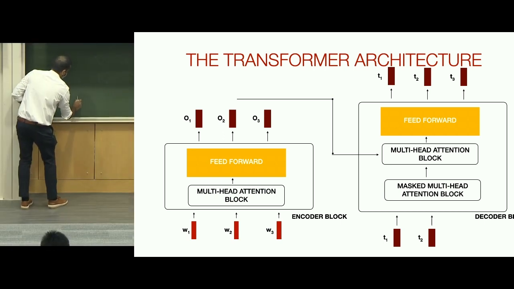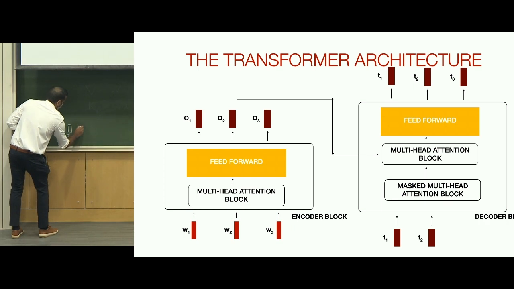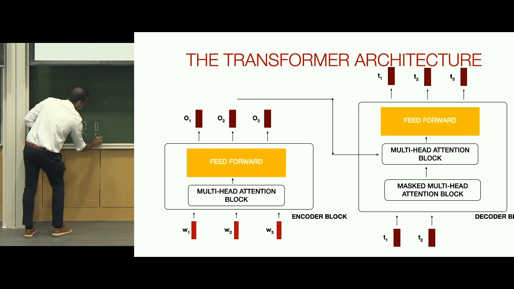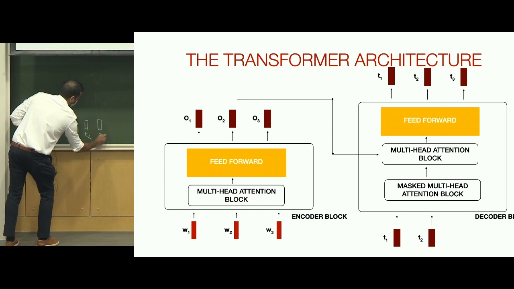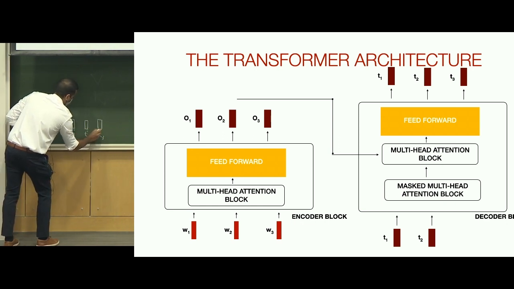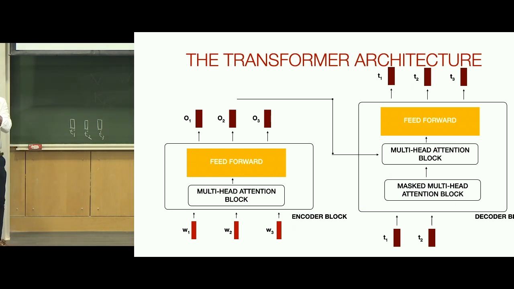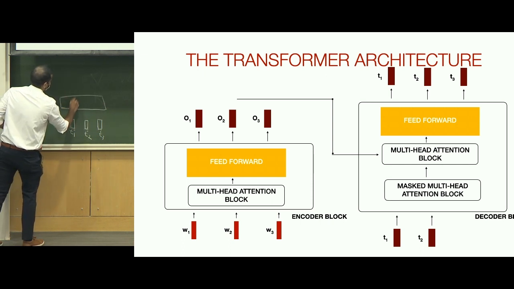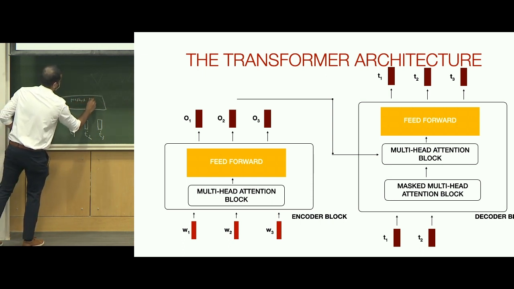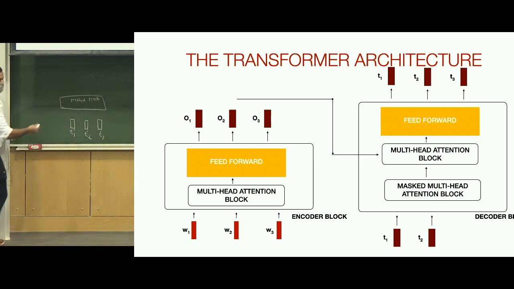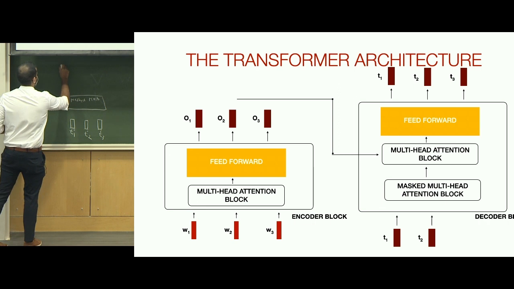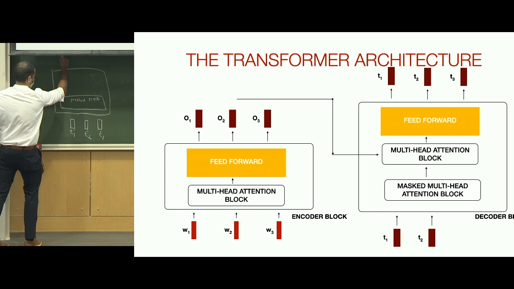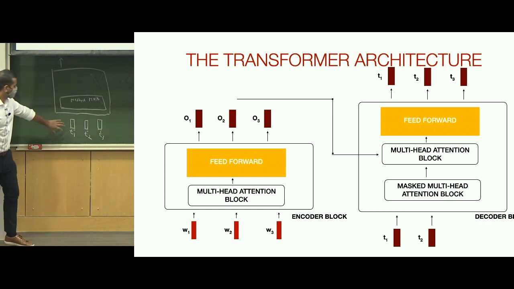Let's say at training time, this is the decoder. When we train the model, we send in the actual sequences. What the masked multi-head attention is doing is, all this is kind of happening in parallel. To generate the T1 output, it should just calculate the attention up till this point.